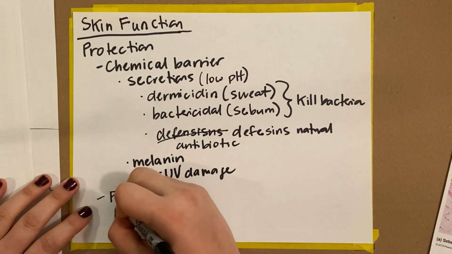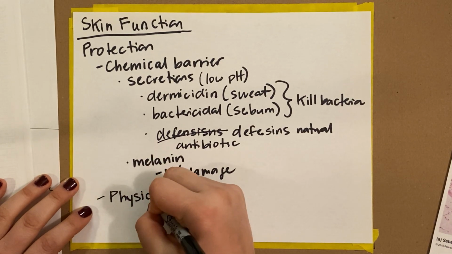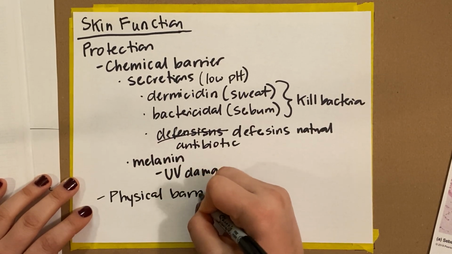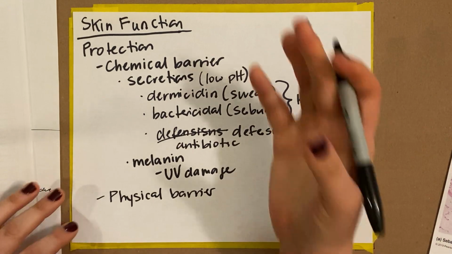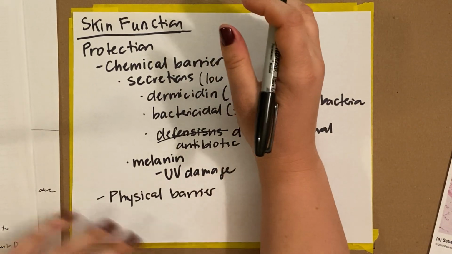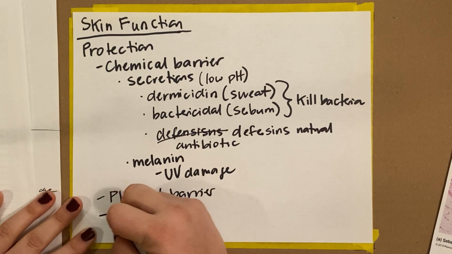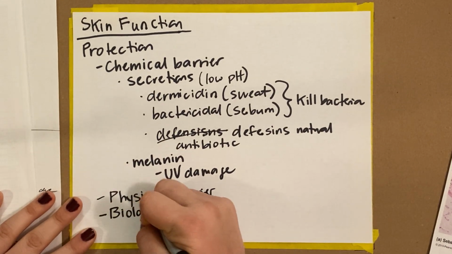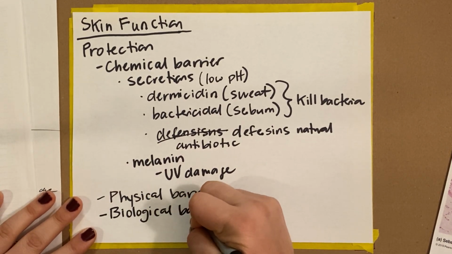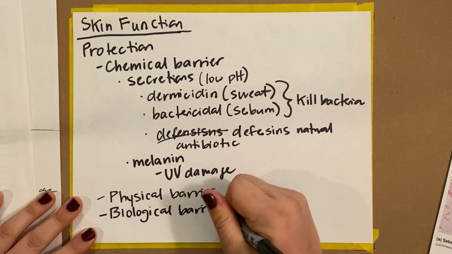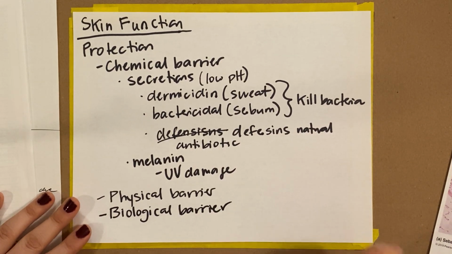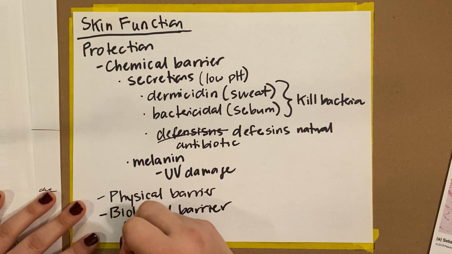It's also a physical barrier. So it's going to help prevent things from getting in. And it also is going to act as a biological barrier in the sense that there are cells that are important in that. So we're going to have dendritic cells.